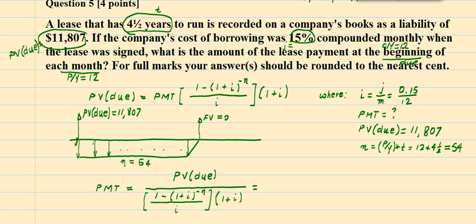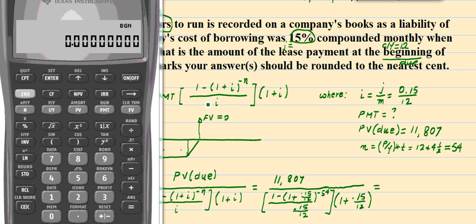Now we're going to substitute all the given values into this formula. So inputting those values, 54 for N, 15% for nominal rate, second function IY, and we have 12 payments per year, which is correct, and 12 compounding periods per year.